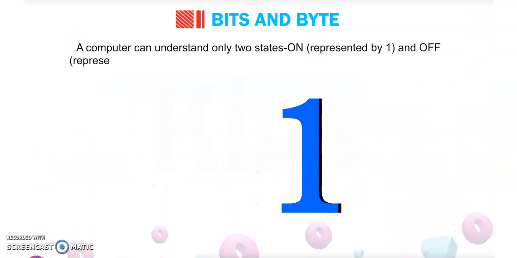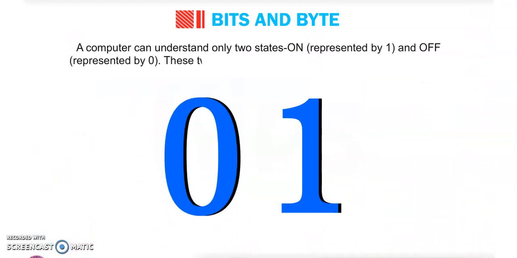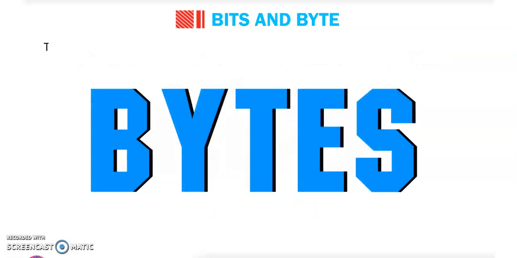On is represented by 1 and off is represented by 0. These two digits, 0 and 1, are called binary digits, or bits.